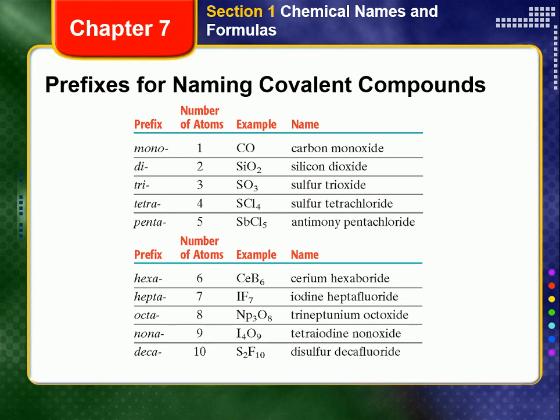The prefixes used to specify the number of atoms, or sometimes the number of groups of atoms in a molecule, are listed in Table 7-3 on page 212 of your textbook or on the screen now.